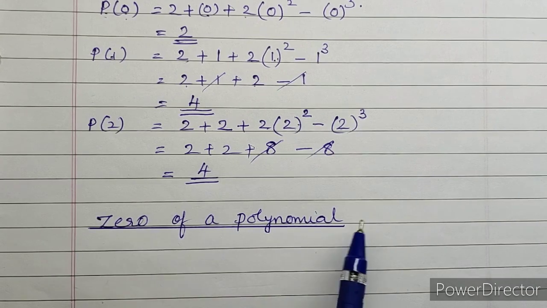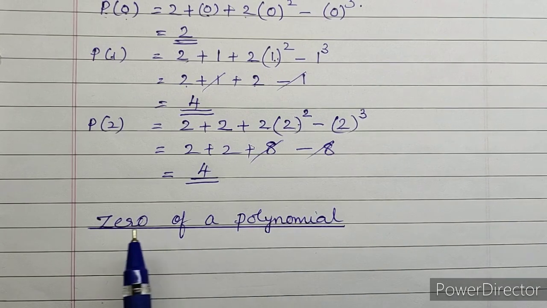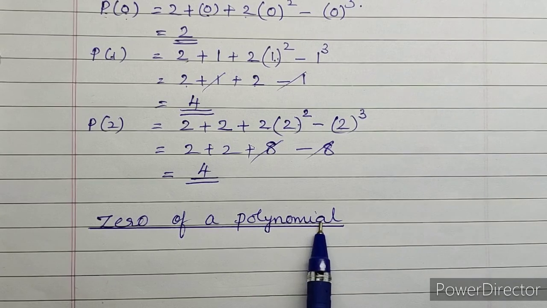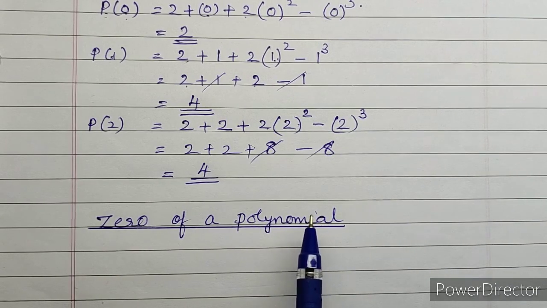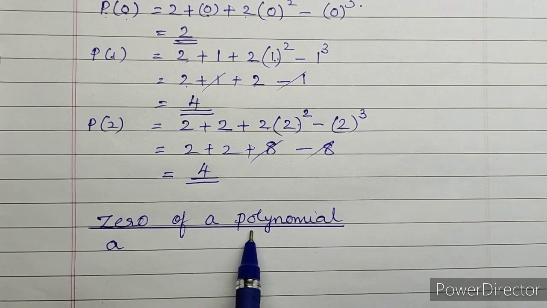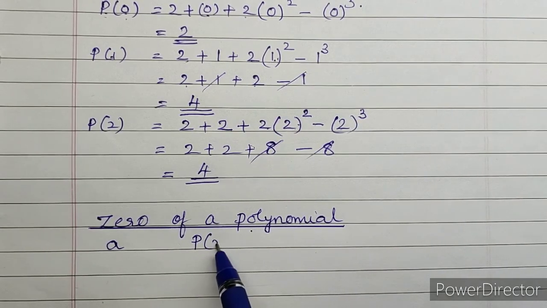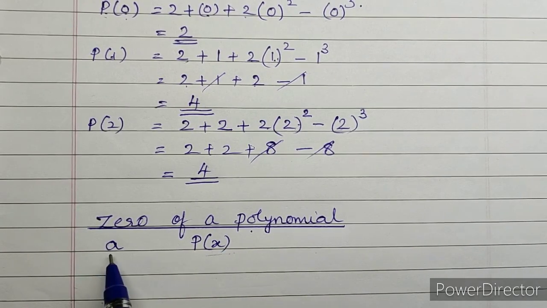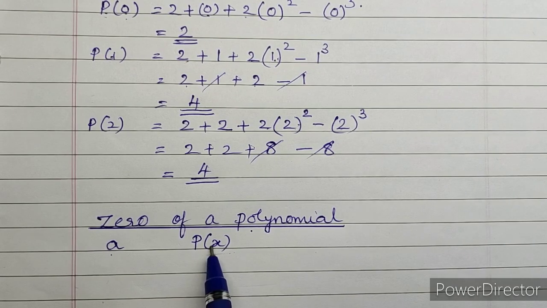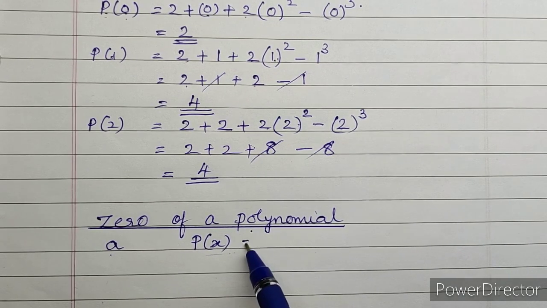Both are entirely different. 0 of a polynomial means, in general, if you are saying a small letter a, if any number a is said to be a 0 of a polynomial, then in the given polynomial p of x, if we assign the value a instead of x, we have to get 0.